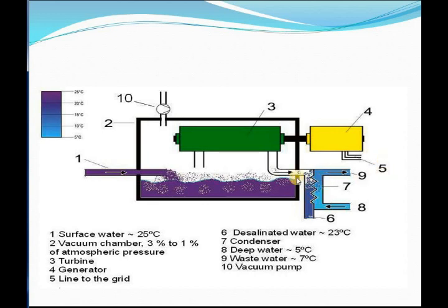Now the steam that is produced, or the condensed steam, goes to the condenser. In this condenser, the condensation process takes place, where cold water from the sea is taken and utilized, and the evaporated water is condensed and becomes water again, the waste water, with a temperature of 7 degrees Celsius.